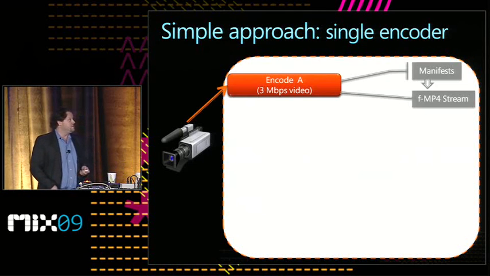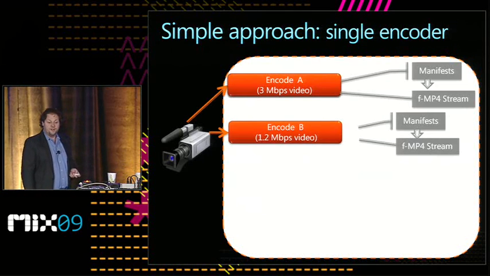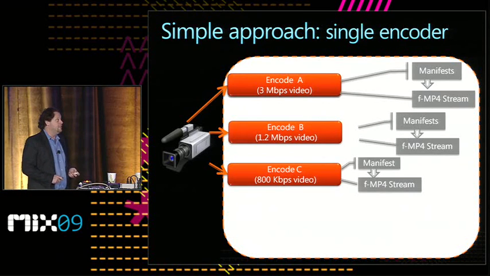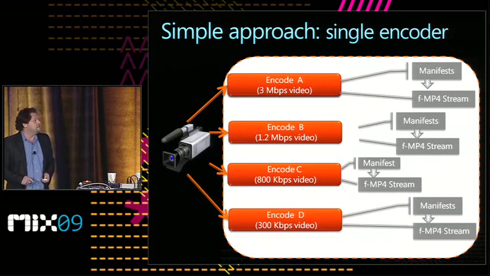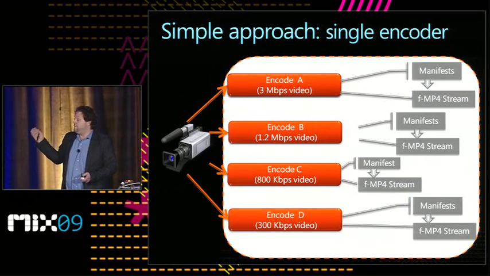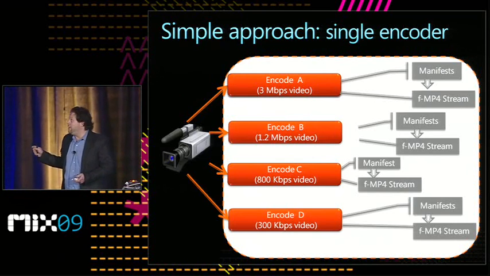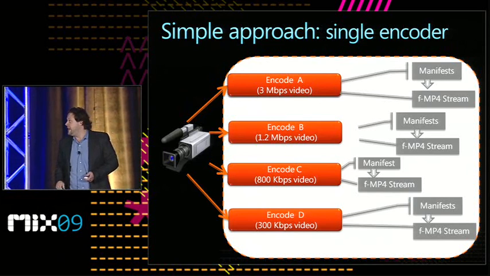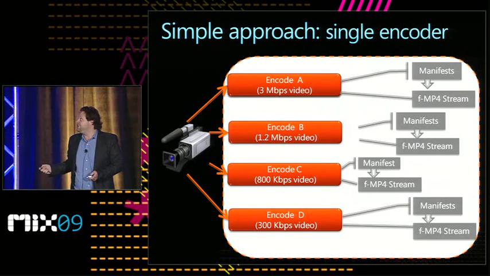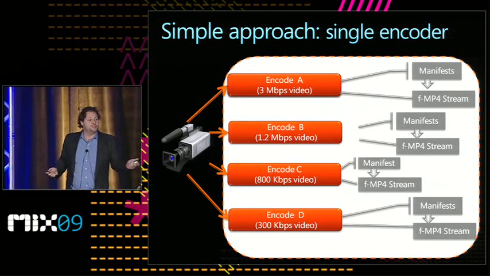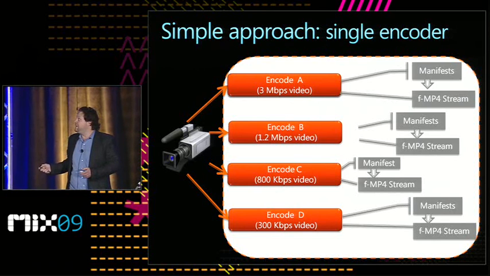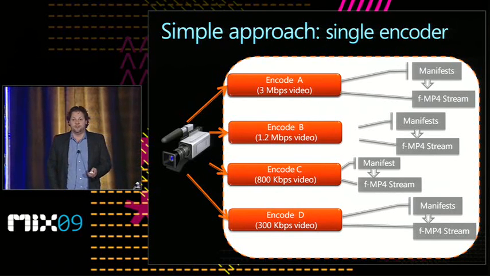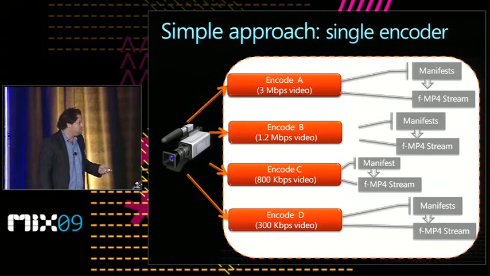You can have one source going to a single encoder, and the encoder is actually delivering multiple quality of experiences. So in this case, I've got 4 encodes coming off one encoder. You've got encode A, B, C, and D. Each one of those is generating a unique fragmented stream, which John talked about earlier, and a unique manifest that describes what stream it's delivering. So this is the simplistic approach.